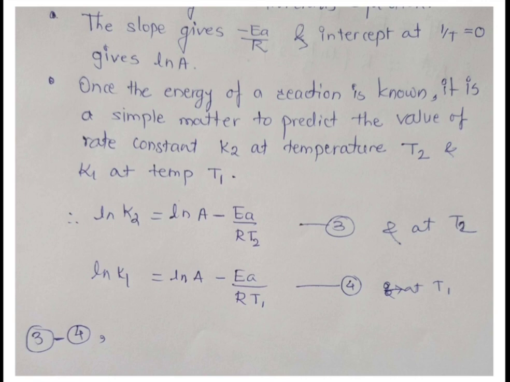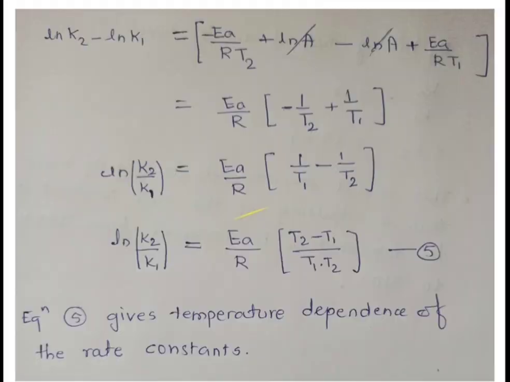Now we have two equations. Just subtract equation number 3 and equation number 4, so 3 minus 4. After subtracting, the equation can be written as ln K2 minus ln K1 is equal to ln A minus Ea upon RT2.